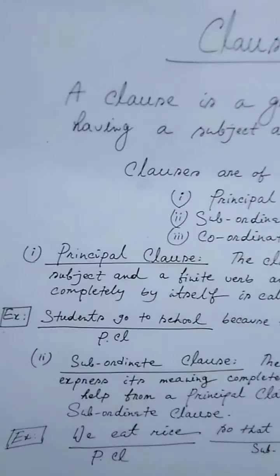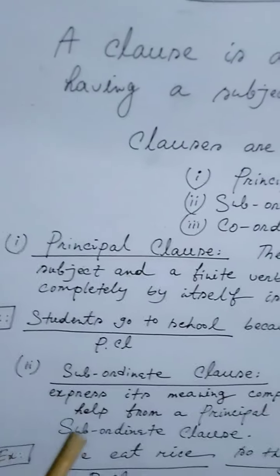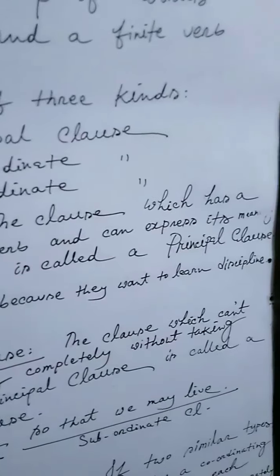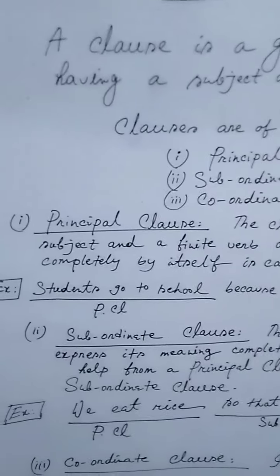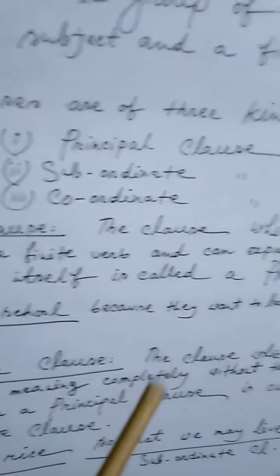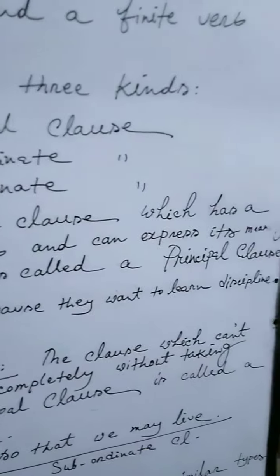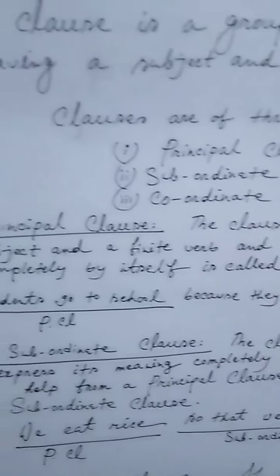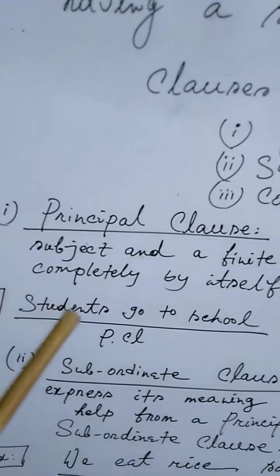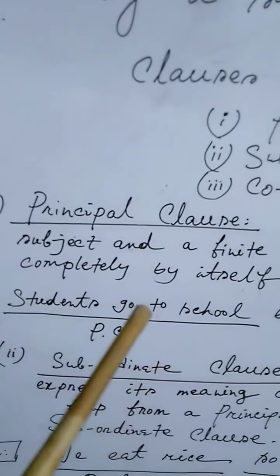Just for example, you can see here is an example. Students go to school because they want to learn discipline. This is a sentence. It has two parts. One part is students go to school, and another part is because they want to learn discipline. Each part of the sentence is a clause. In the first part, it has a subject, students, and go, finite verb.